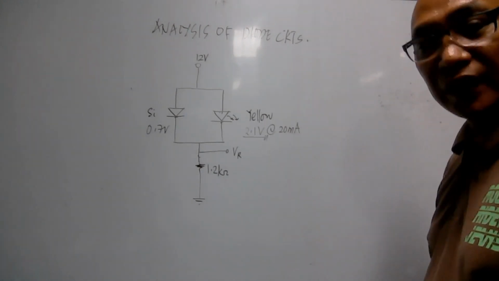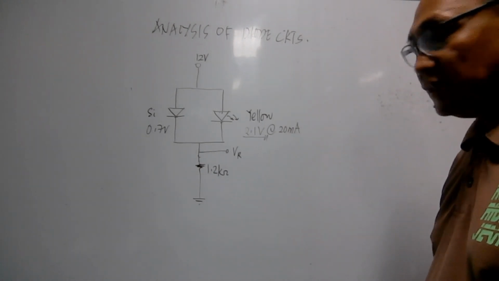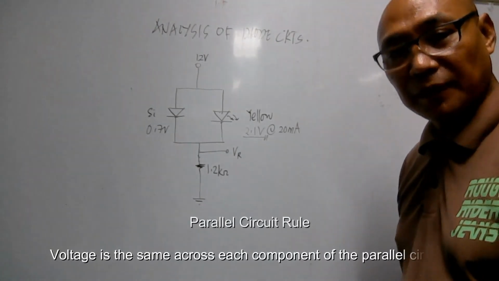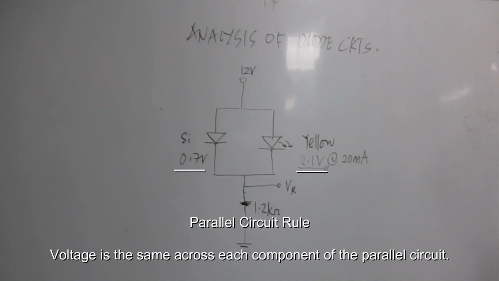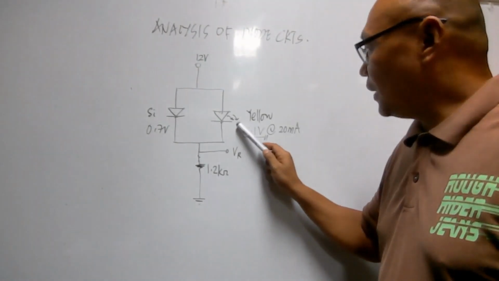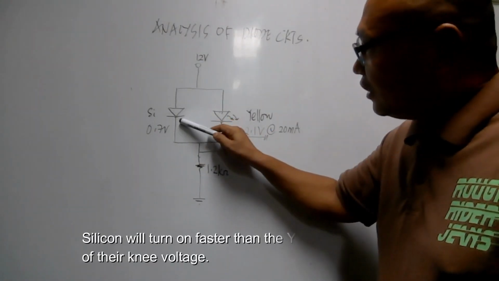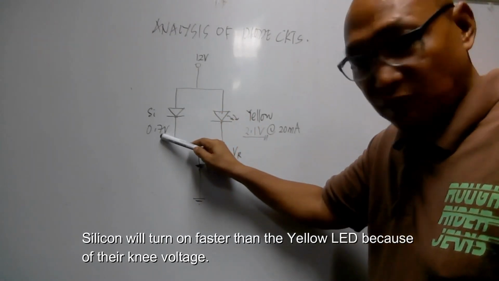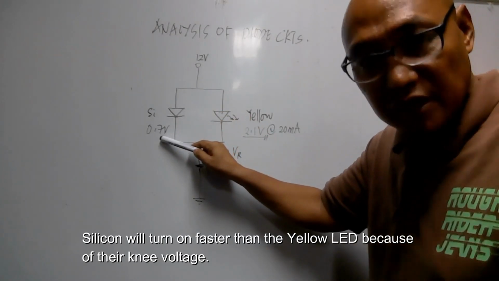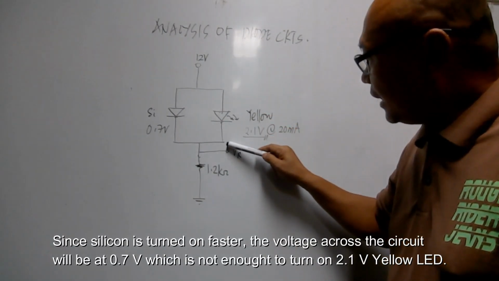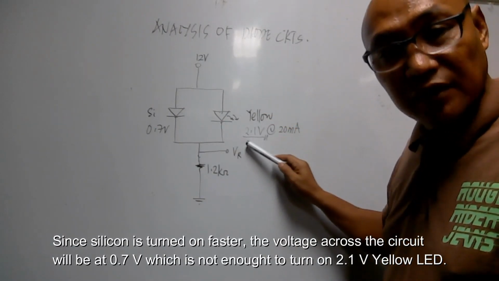The LED will not turn on. While it's true that we followed both A and B of rule number 1, there is, however, a problem being violated. There is no way that the yellow LED will turn on simply because the silicon reaches 0.7 volts first and it remains at 0.7 volts. And since they are in parallel, there is no way that the yellow LED will reach 2.1 volts.